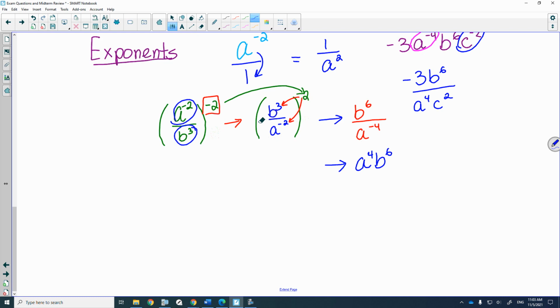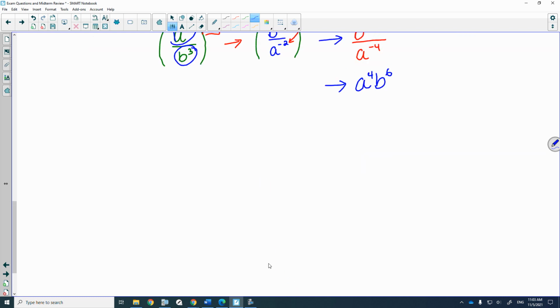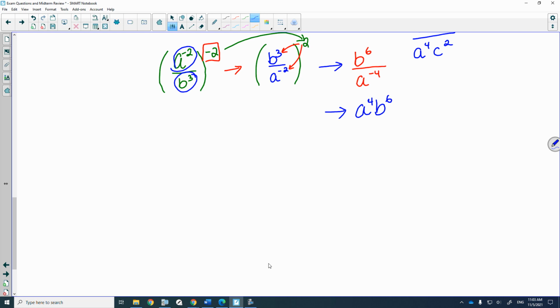Okay, what about, write this down, negative 2a^3b to the power of 2. It looks easy, right?